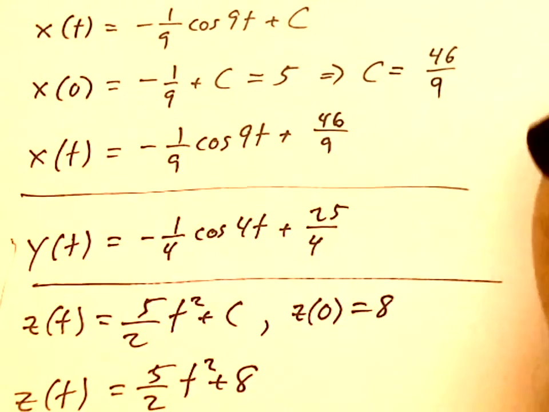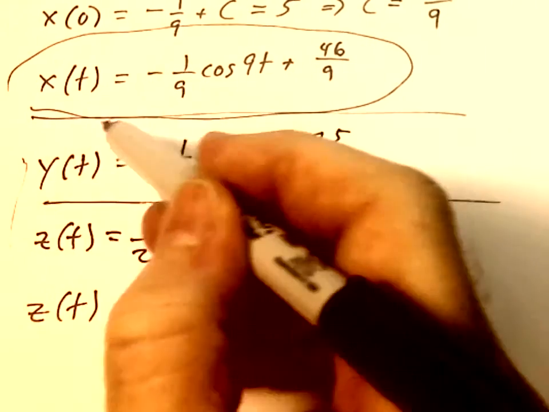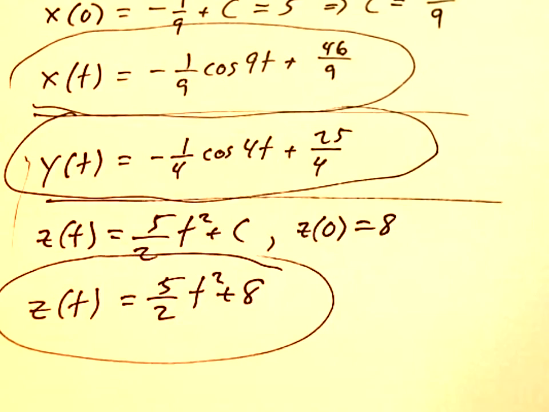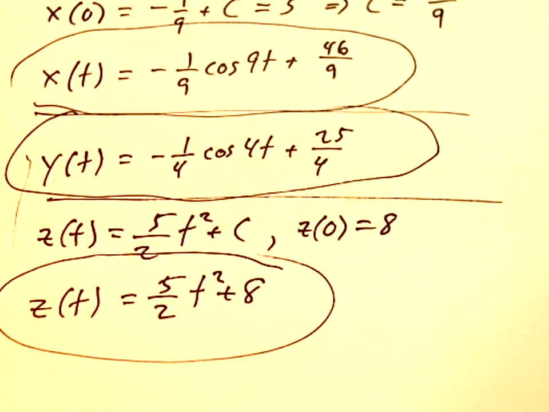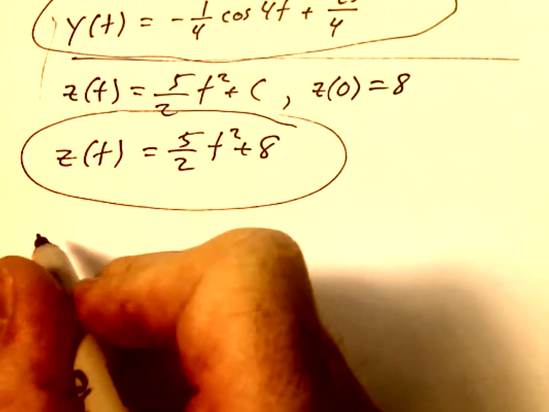Okay, so now I have my x of t, y of t, z of t, and I just write it as a vector now. So this last part is just writing it as a vector here.